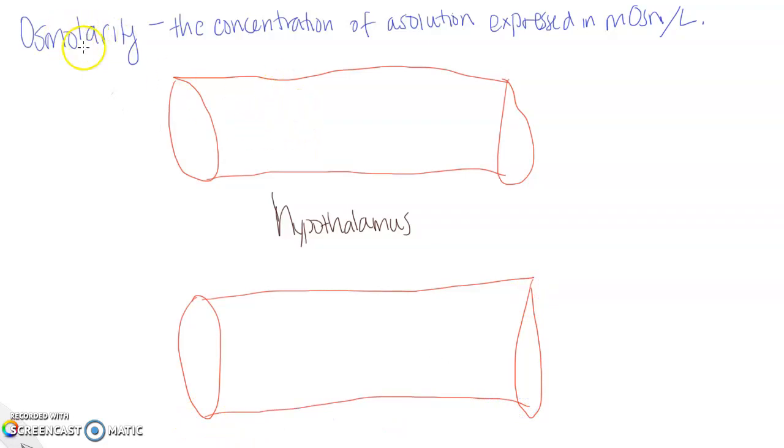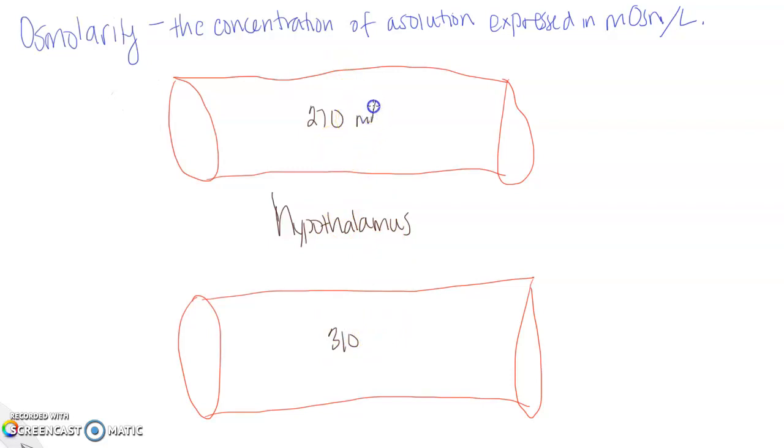Okay, so in the first blood vessel up here, I'm going to say that the osmolarity is 270 milliosmoles per liter. Okay, and in this other situation, the same blood vessel, we're going to put it at 310 milliosmoles per liter.